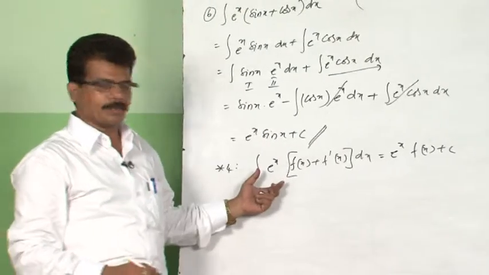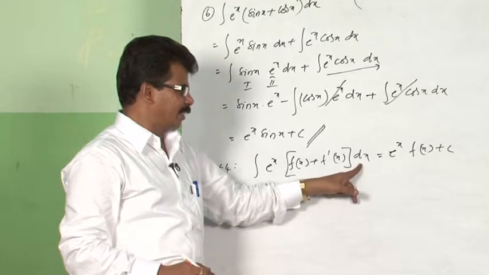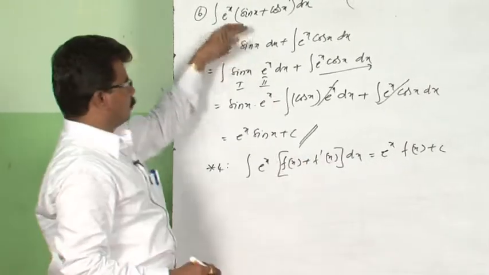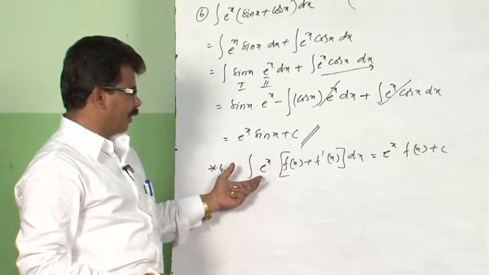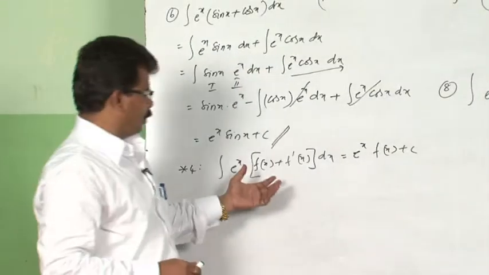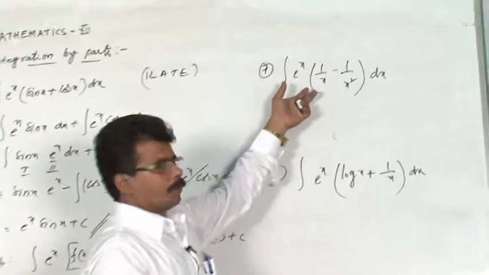So, if the integrand is of the form integration e power x (f x plus f dash x) dx, then the answer for this question will be e power x f x, just as we have seen. So, in 1 mark if it is given, directly you can write it as e power x f x plus c.